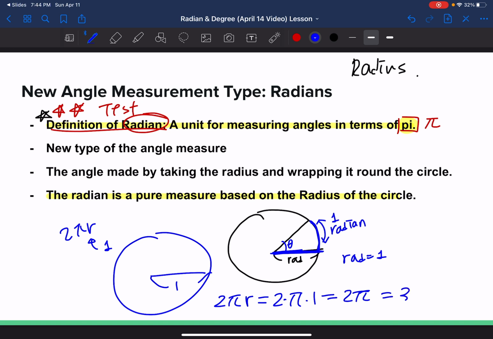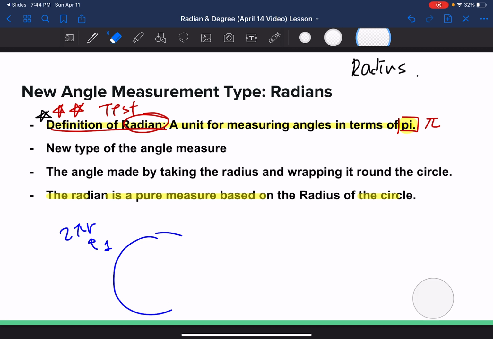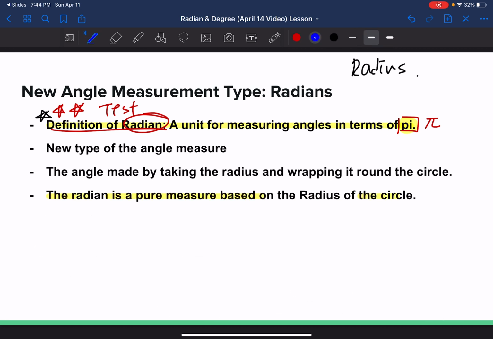And this is 360 degrees, the entire circle. So just remember, radian is just a different unit. For now, all you have to remember is pi is the same as 180 degrees, and 2 pi is the same as 360 degrees. Okay, so please remember this.